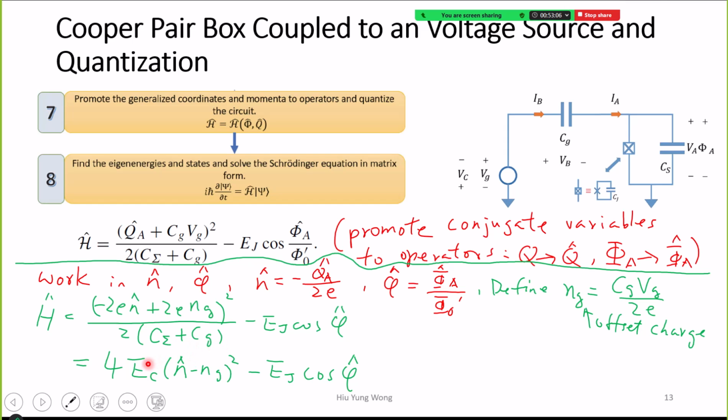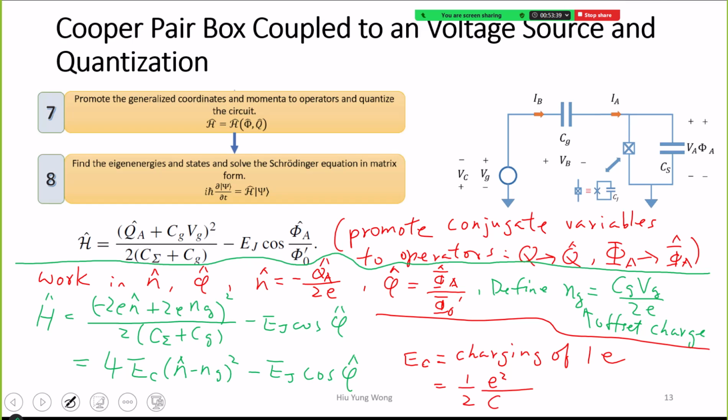Now, that was the one I confused you with last time, right? The definition of EC, I keep changing it. Do you remember what EC is? What is the meaning of EC? Charging energy. EC is the charging energy, but for what? Of one electron instead of one Cooper pair. In this case, its charging energy is half e squared divided by C Sigma plus Cg.